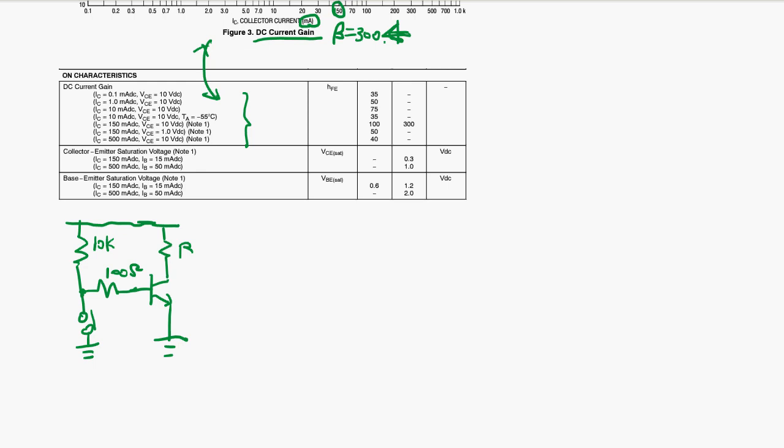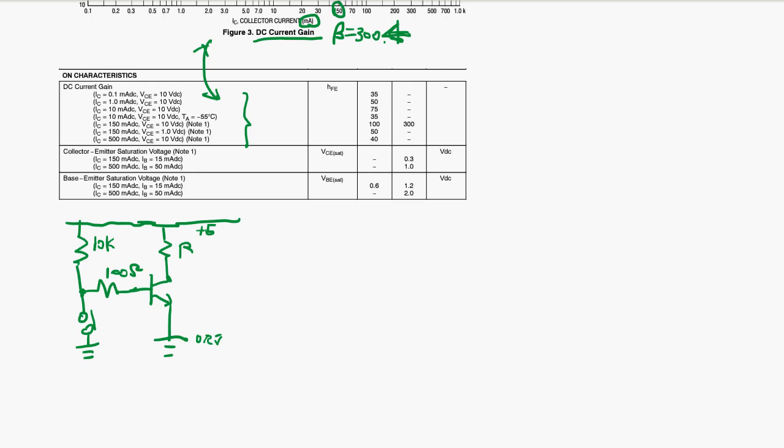Okay, and we set the VCC to be 5 volts, and when the transistor saturates, it's 0.2 volt, 200 millivolts.